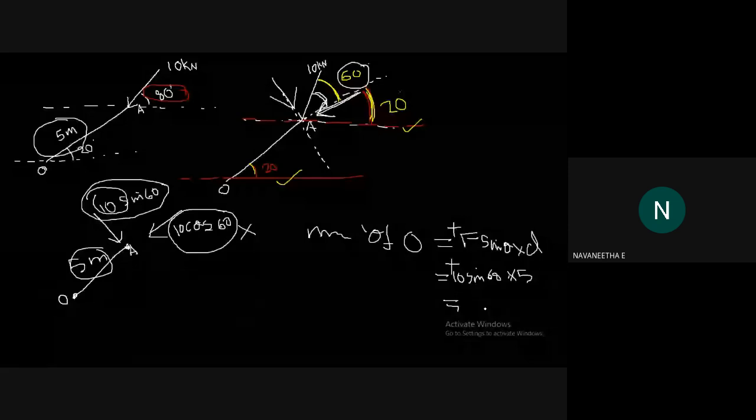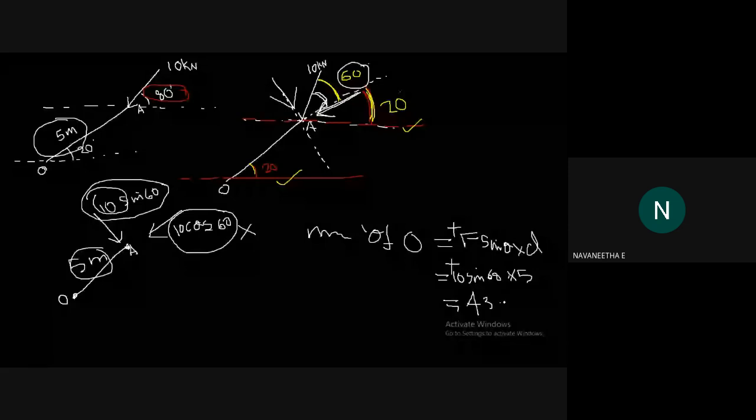You should consider the rotational effect, then you can easily understand what is the sign of the moment. Here rotation is in clockwise direction, so we can tell that it is in positive direction. Positive sign. So the answer is 43.3, positive.